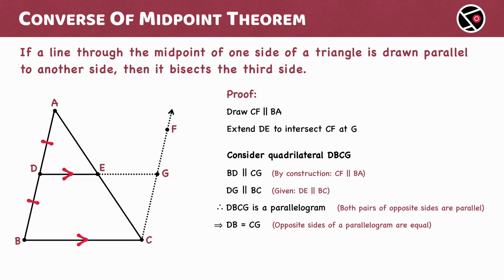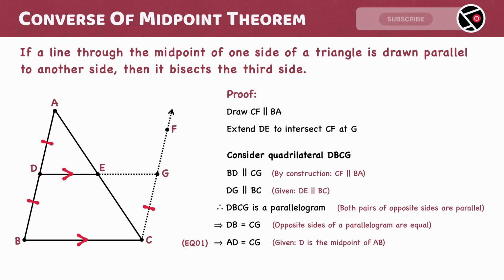We also know that D is the midpoint of side AB. So, we can replace DB with AD. AD and CG are equal. This is equation number 1.